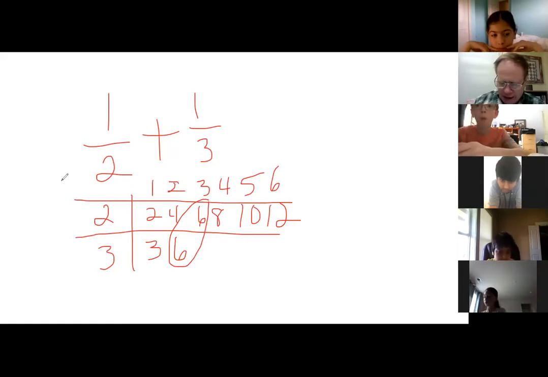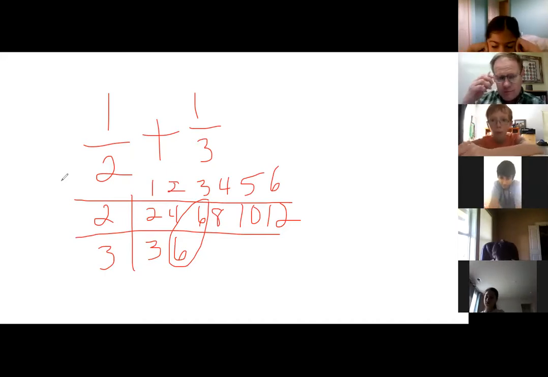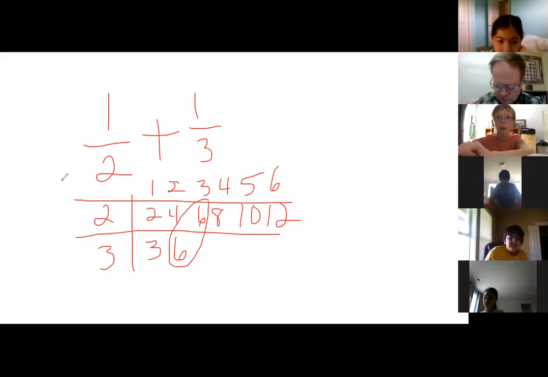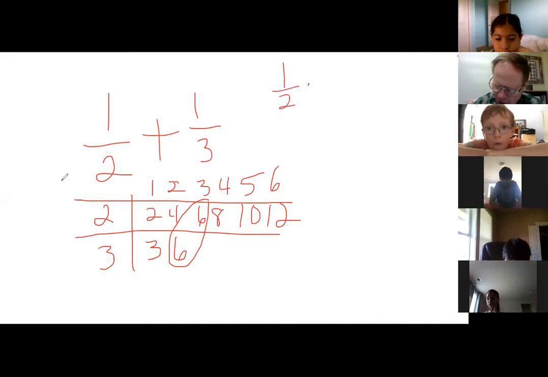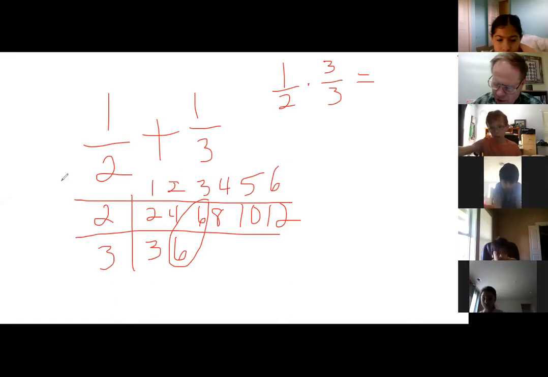So now, how do I make the 1/2? What do I have to multiply the 2 by to get 6 as the denominator? So 2 times what equals 6, in other words? 3. Yeah, so now I gotta multiply 1/2 times 3 over 3. Okay, so that's equal to 3 over 6, all right?